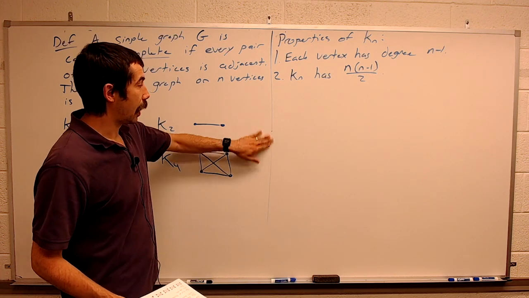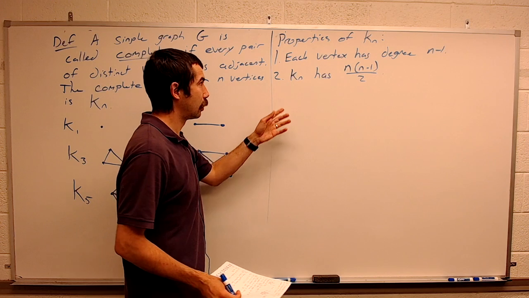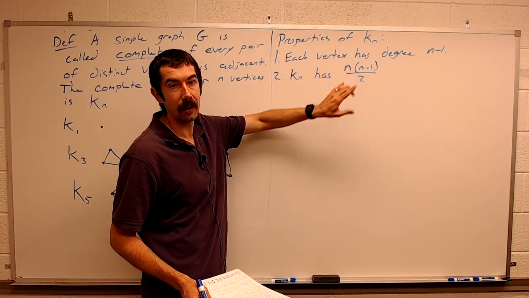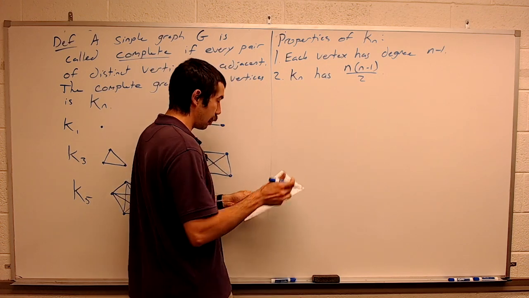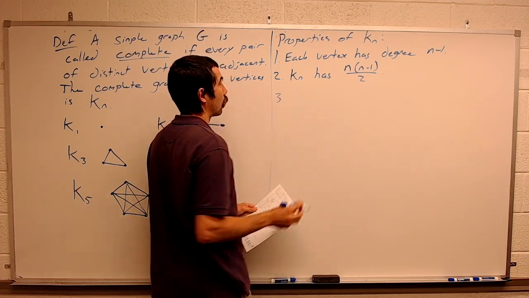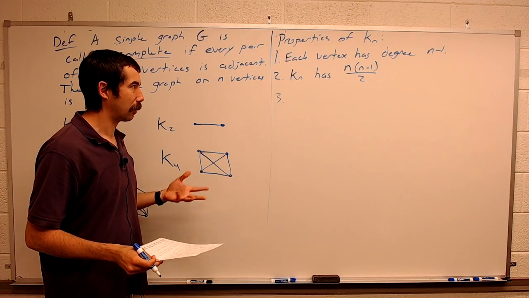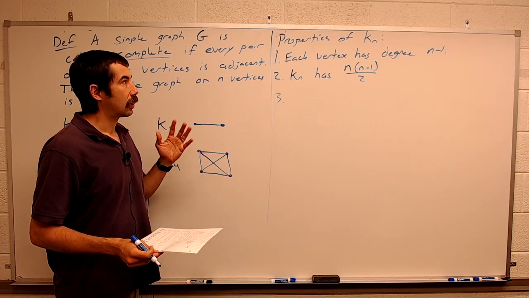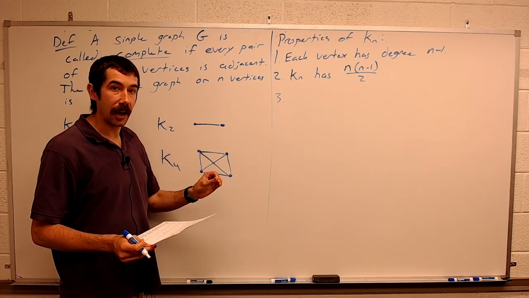So if you look at the handshake lemma and this first statement, you get this for free. And then the final property of Kn that we're going to talk about right now is that of all simple graphs, Kn has the most possible edges.